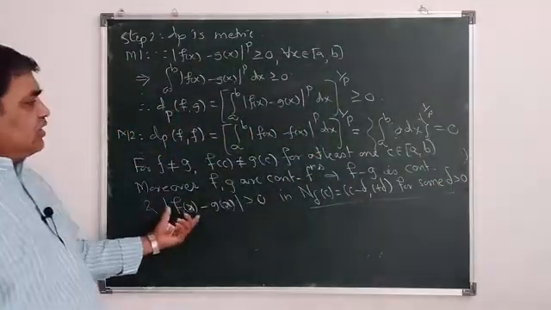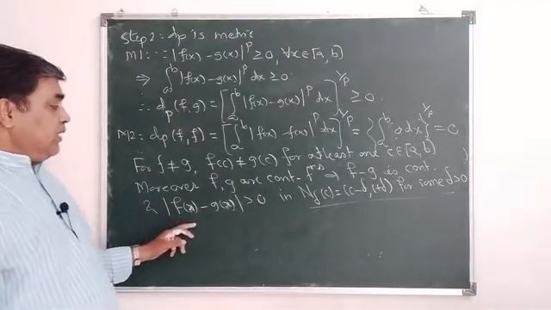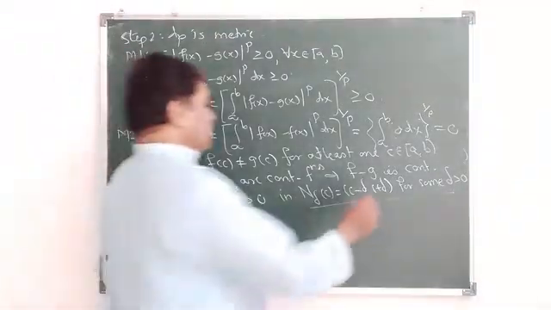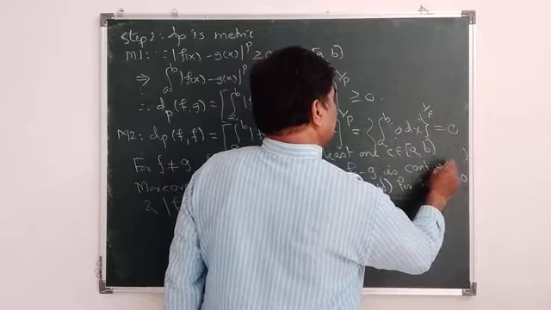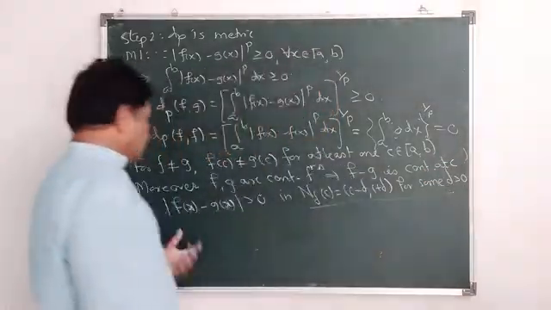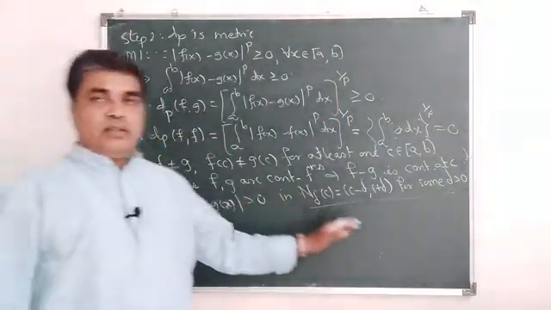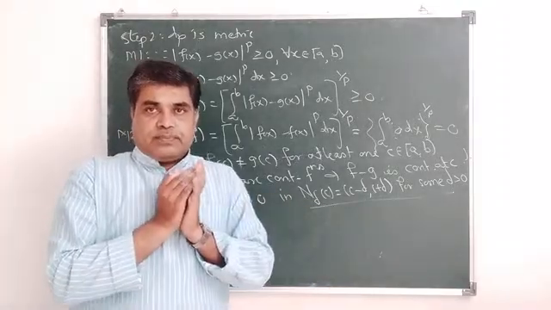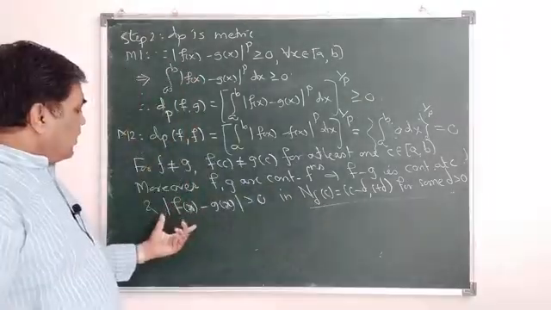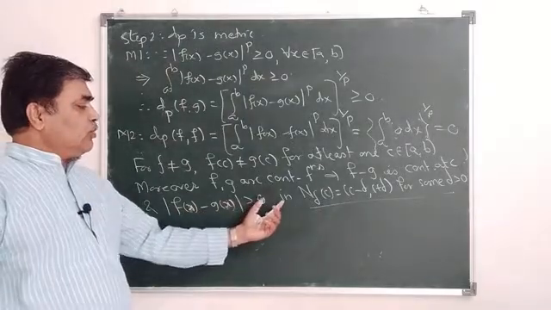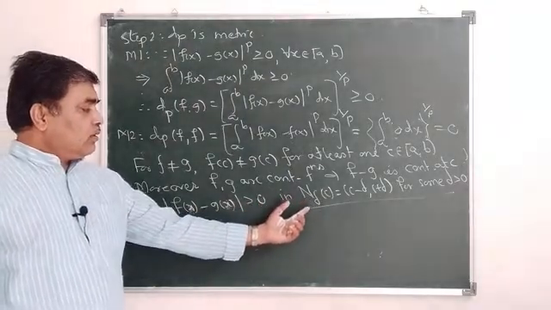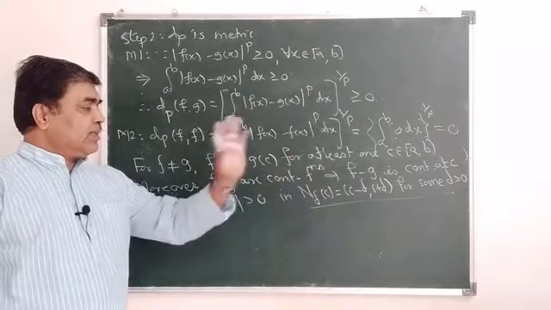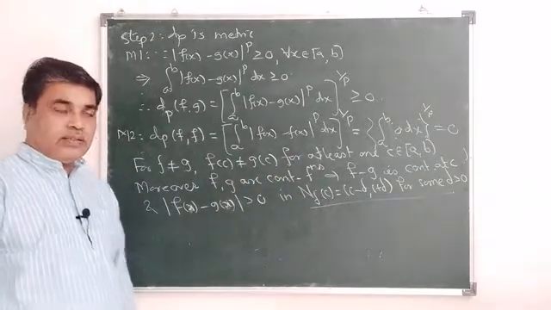As f minus g is continuous at c, it must be continuous in at least some neighborhood about c, and mod f(x) minus g(x) is greater than 0 for every x lying in that neighborhood of c.